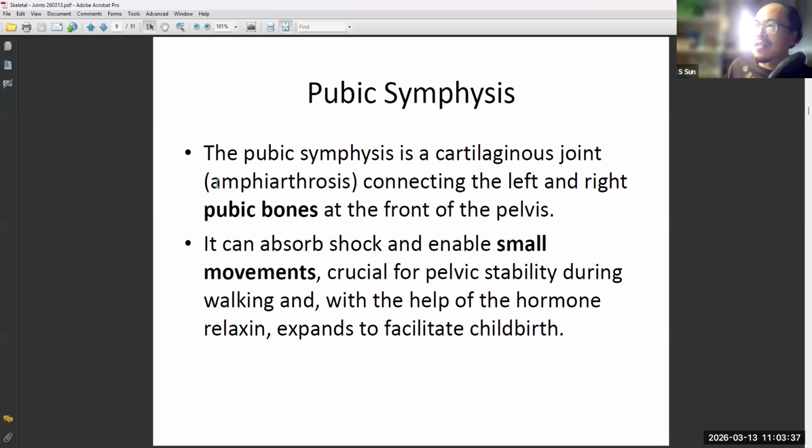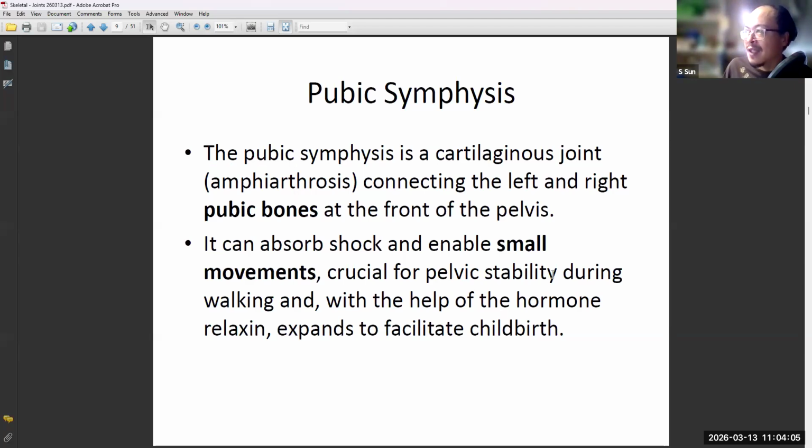Because it's an amphiarthrosis, it allows small movement. It's not a lot of movement. Your two pubic bones cannot move freely, right? It can move. It allows you to rotate a little bit for your leg to walk, but it cannot move too much.